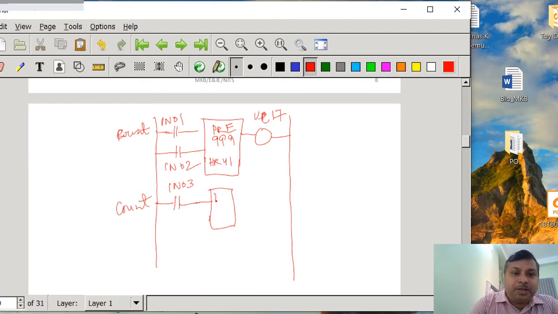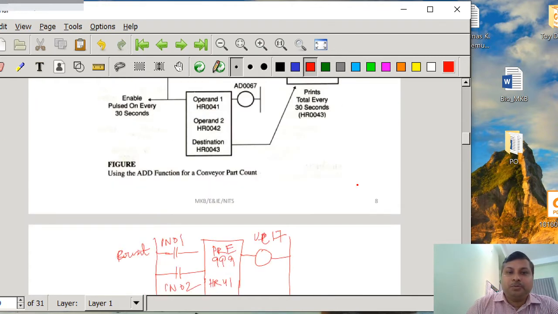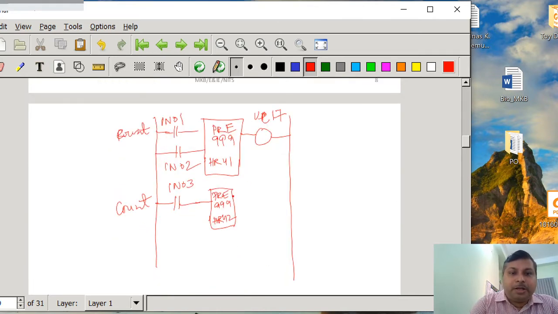Here also you can have the preset value high, but the most important thing is that its accumulator register address will be HR42, because this is going to be stored in the adder, that is, in the adder it operates as operand 2. So now it is up counter 18.